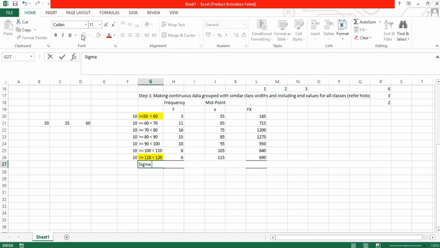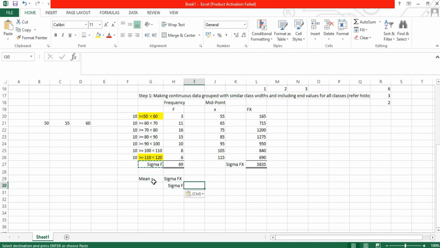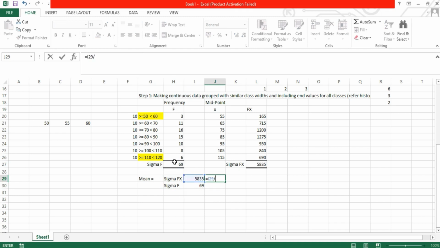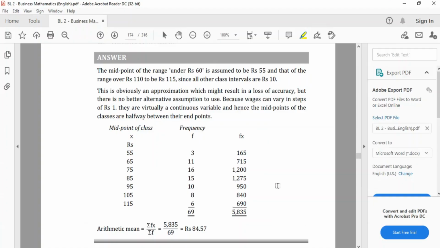It is 69 over here. Now therefore what's the mean? Mean formula, sigma Fx divided by sigma F, is equal to 5835 divided by 69, which is equal to an average of 84.